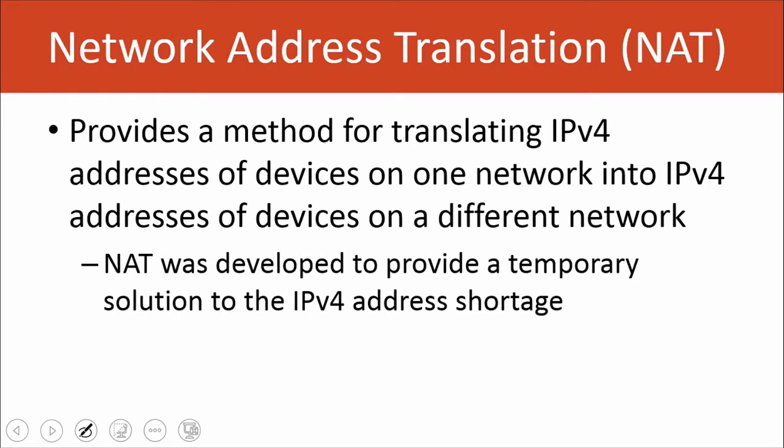I should have said that IPv4 addresses are limited. We actually have more devices than available addresses with IPv4, which is a huge problem. And so this allows us to make better, more efficient, more effective use of them. And of course, here's a little bit more information on NAT, stuff I just said. It was developed to provide a temporary solution to the shortage of IPv4 addresses.